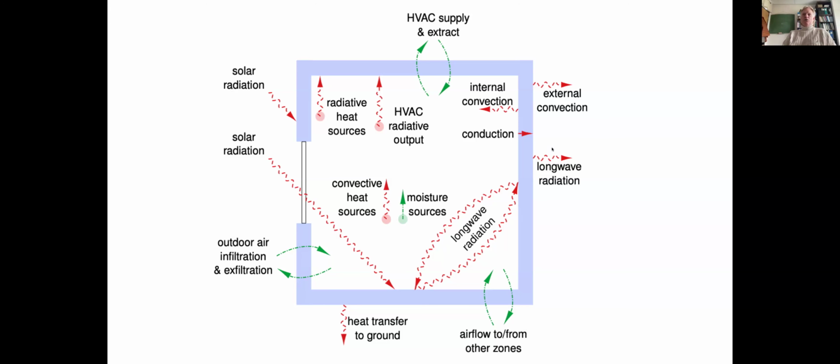And then there's another part that focuses on the heat transfer processes happening from the outside of the building to the exterior environment, things like long wave radiation to the sky, heat transfer to the ground, etc. Another part focuses on what's happening within the building envelope: air infiltration through the building envelope, transient heat transfer, conduction heat transfer through the building envelope. And then another part focuses on HVAC systems.